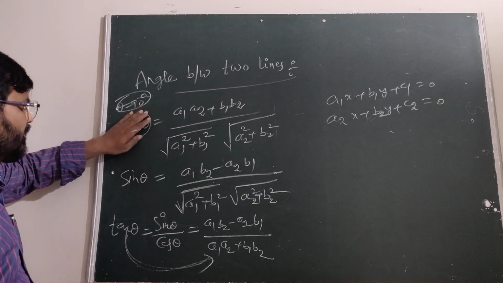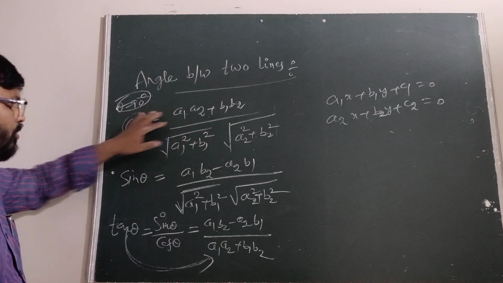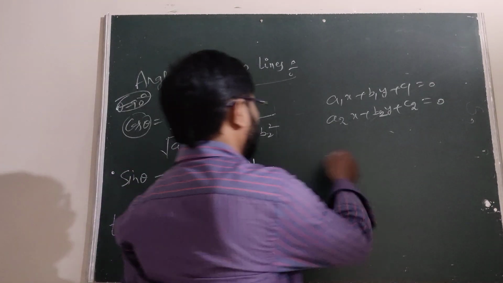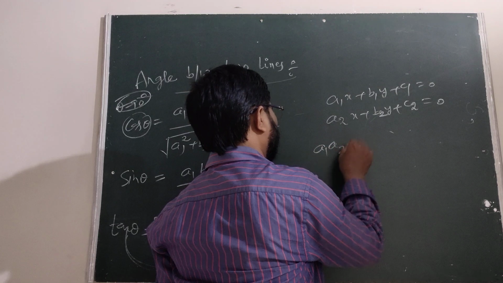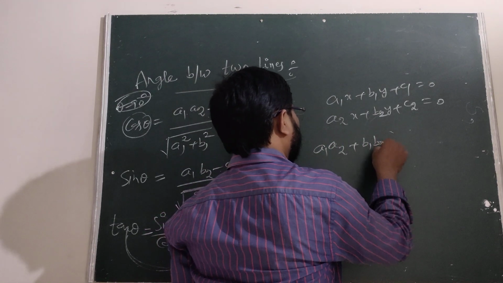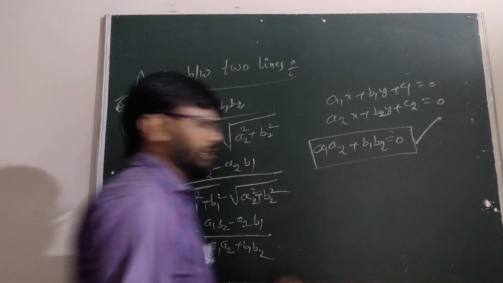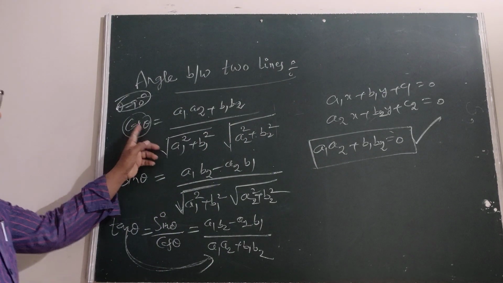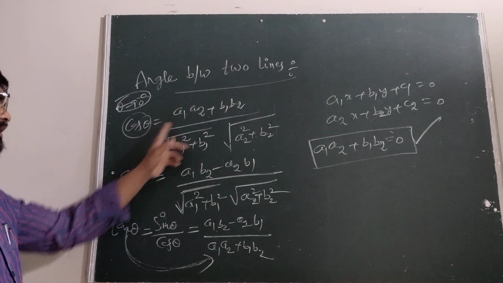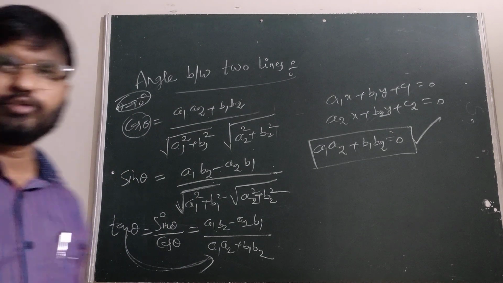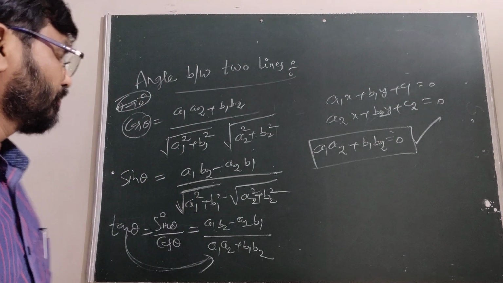Therefore, we got a1 a2 plus b1 b2 equal to 0. This is from cos theta, where theta is 90 and cos 90 is 0.